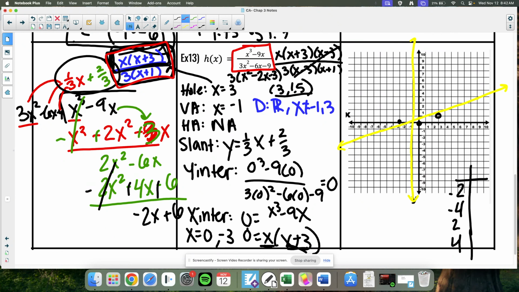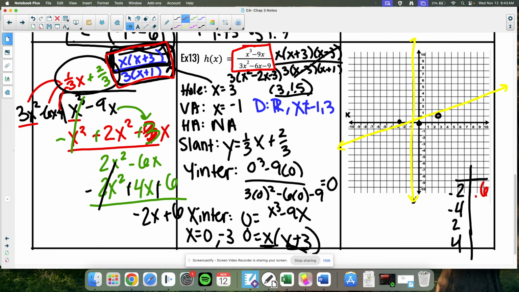Hunter, do you have one of them? Bailey, do you have one? What did you get? For -2? It's 0.67, sorry. For -4? You got a negative?